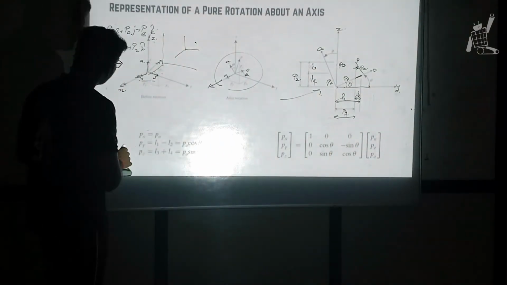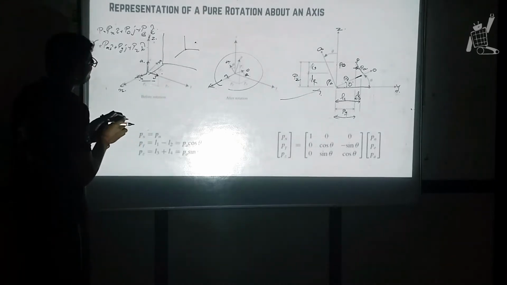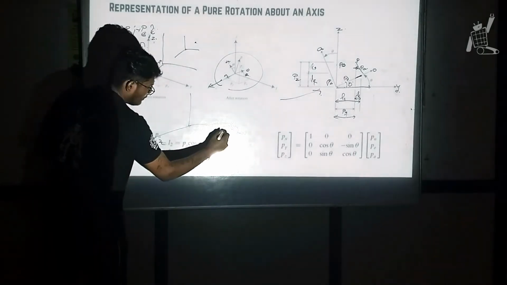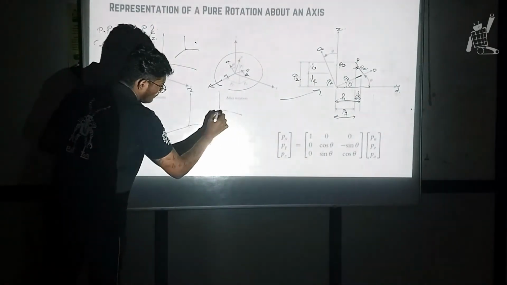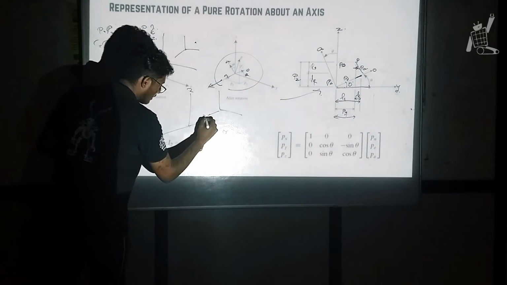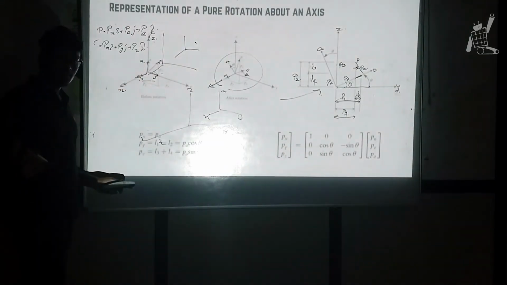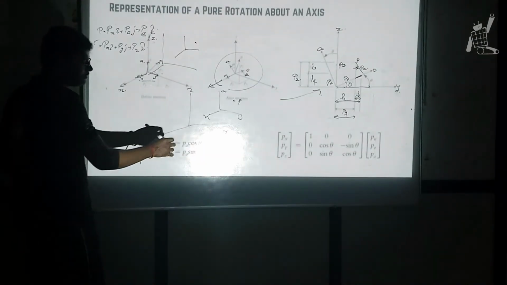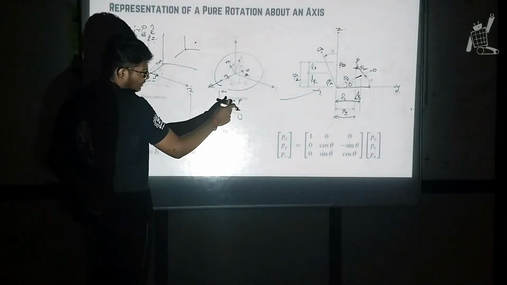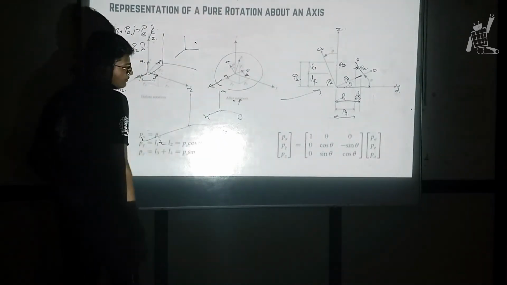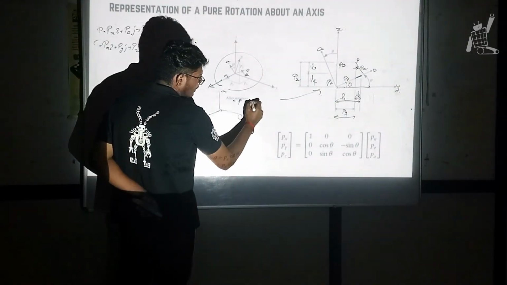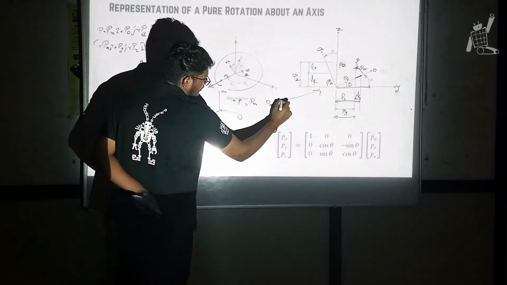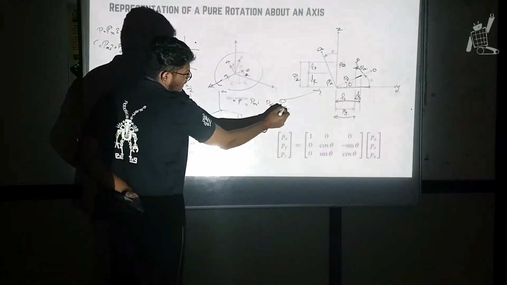Initially I said there is a fixed frame xyz and a moving frame, the noa frame. I have a point P which is attached to the moving frame, and I am defining that point with respect to the noa frame, so that will be Pn, Po, Pa along i cap, j cap, k cap.